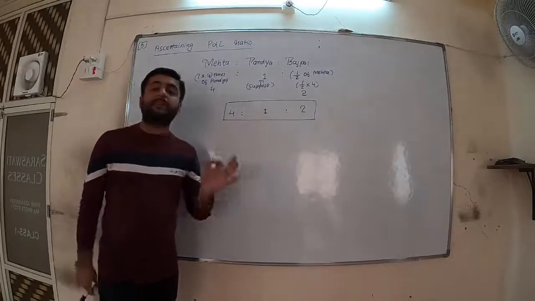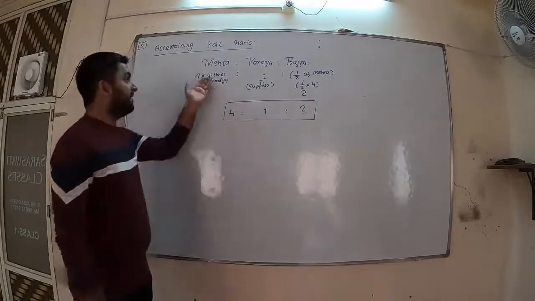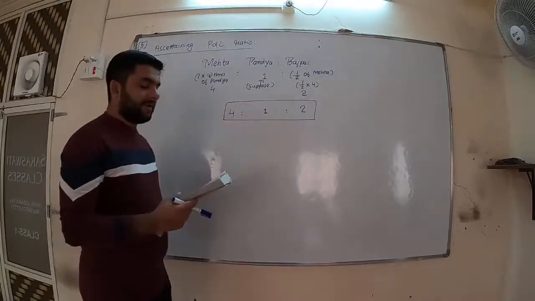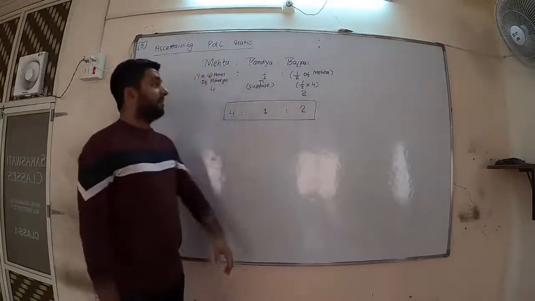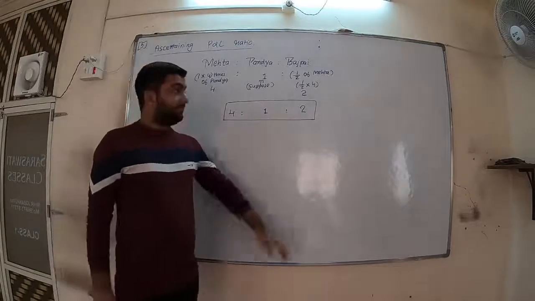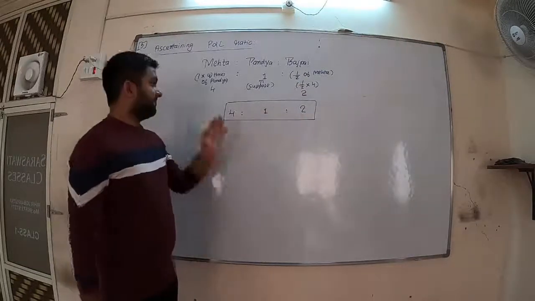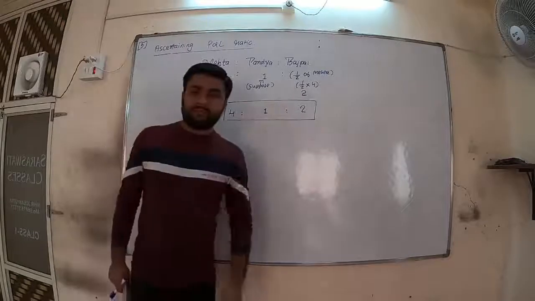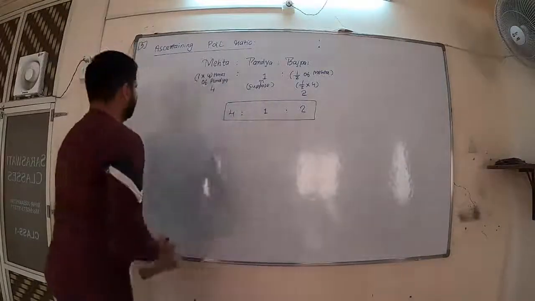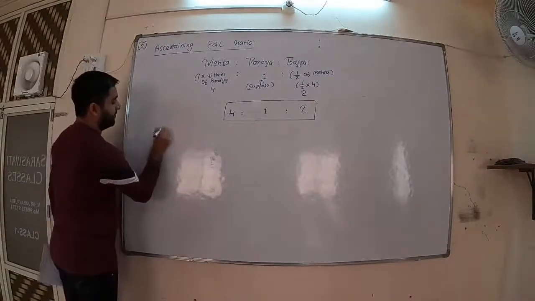Why? 1 into 4 times means multiplication. 1 into 4 is 4. Then again what they are writing: Bajpai receives half share of Mehta. Bajpai is the person, the base is Mehta, half of Mehta. 1 by 2 into 4 is 2. So the final ratio is 4 is to 1 is to 2.